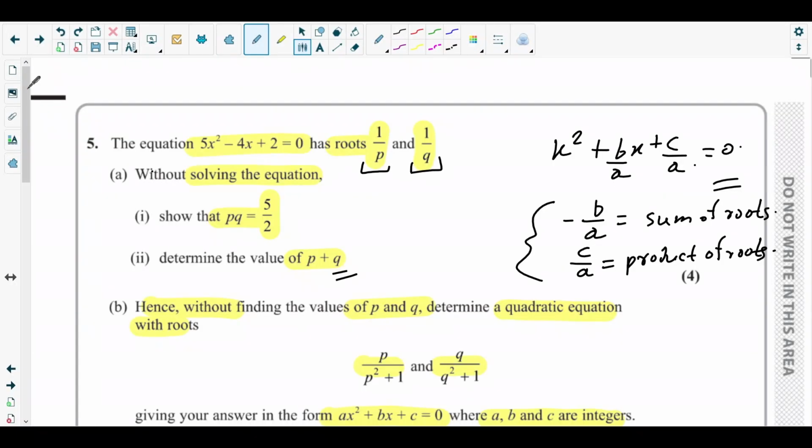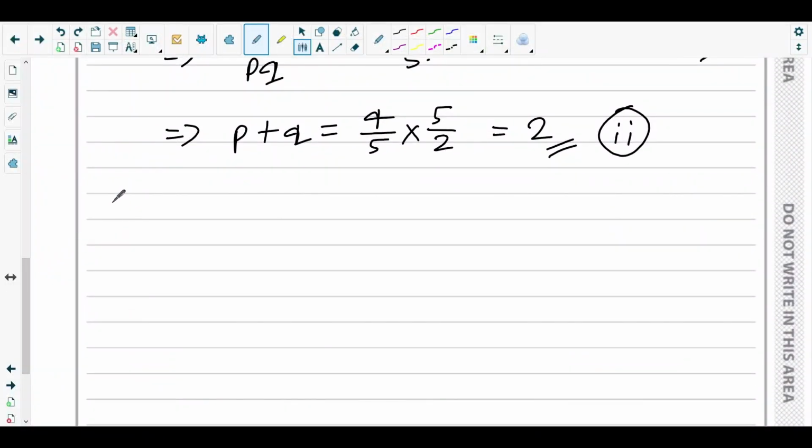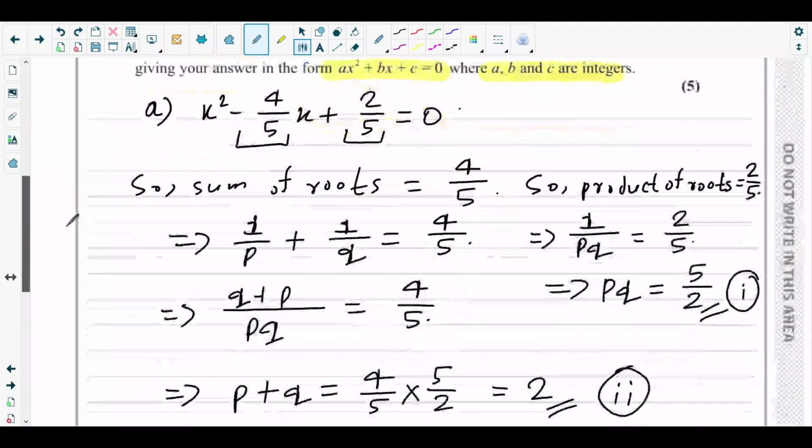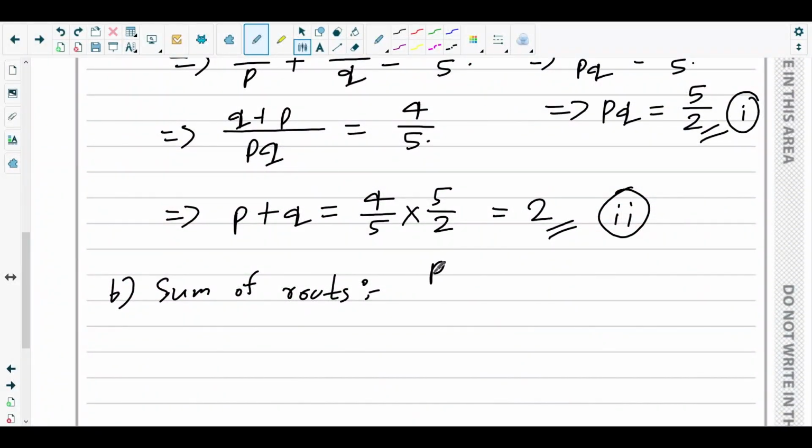Let's figure out the sum of roots for part B. The sum of roots is p over p squared plus 1 plus q over q squared plus 1.